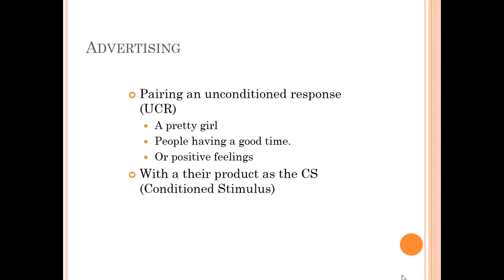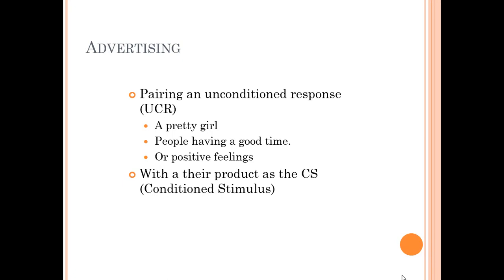A lot of times you'll see, maybe like a beer commercial, and then there's girls in bikinis. And people will sometimes tell you the reason they put girls in bikinis in the commercial is because they want guys to think that if you drink that beer, girls in bikinis will like you. And that's not quite right. No one is quite that gullible. Some people are, but most people are not quite that gullible.